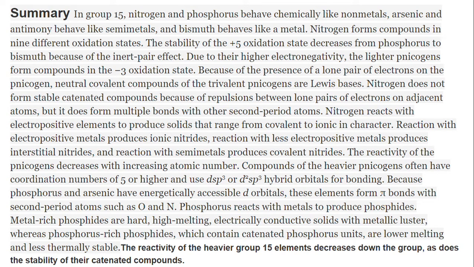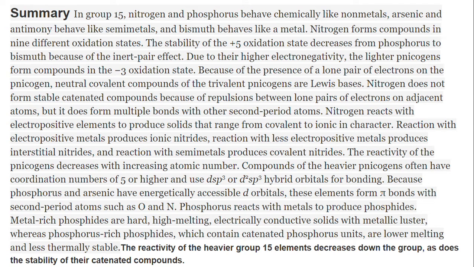Phosphorus reacts with metals to produce phosphides. Metal-rich phosphides are hard, high-melting, electrically conductive solids with metallic luster, whereas phosphorus-rich phosphides, which contain catenated phosphorus units, are lower melting and less thermally stable.